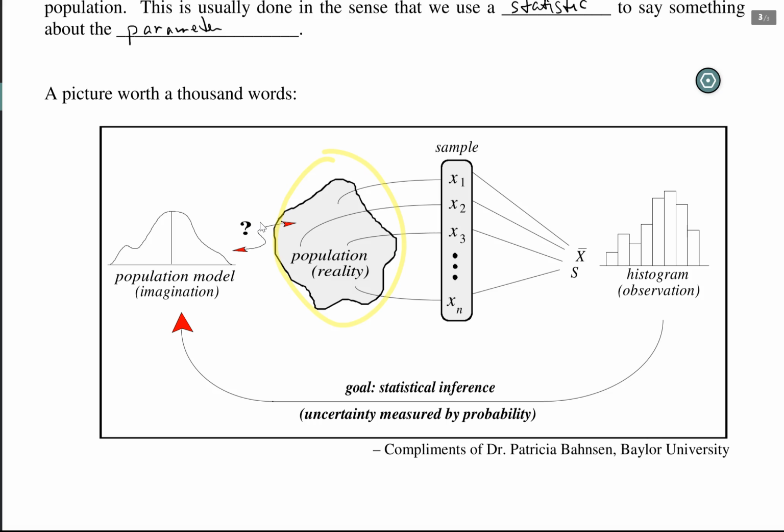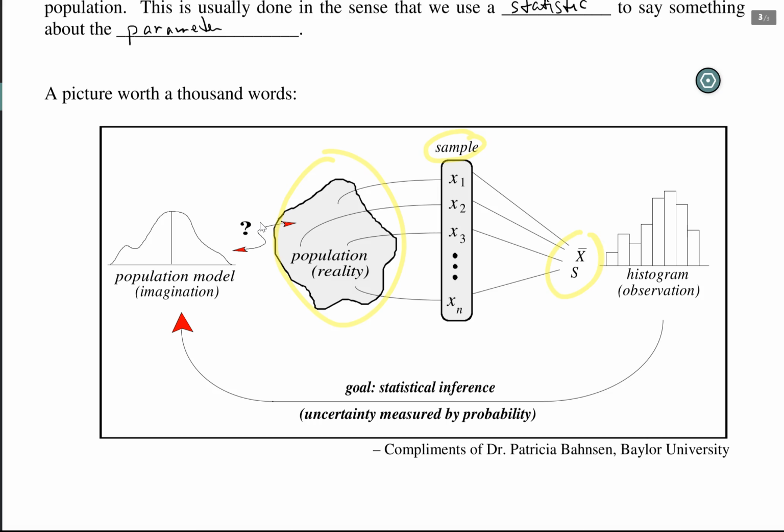Okay, we can't look at that entire population, so what we do is we take a sample, and we can let the sample be represented by a particular value of a variable x1, x2, x3 up to xn. And from our sample we can compute certain things, and we'll talk about this later on in the course, but we can compute things like a sample mean and a sample standard deviation.